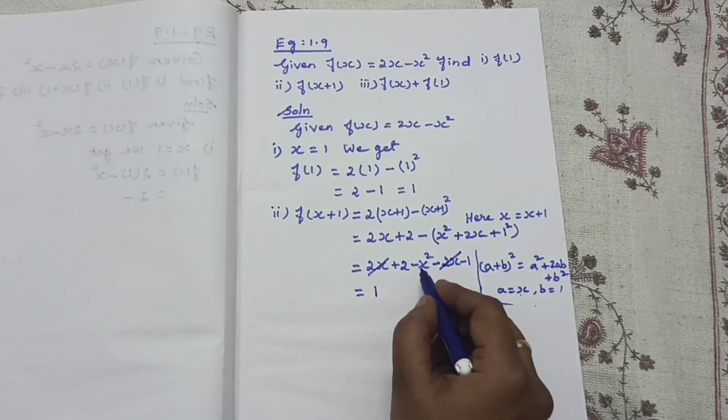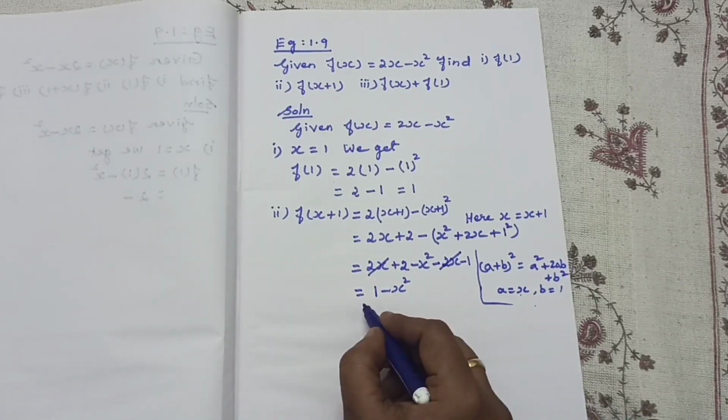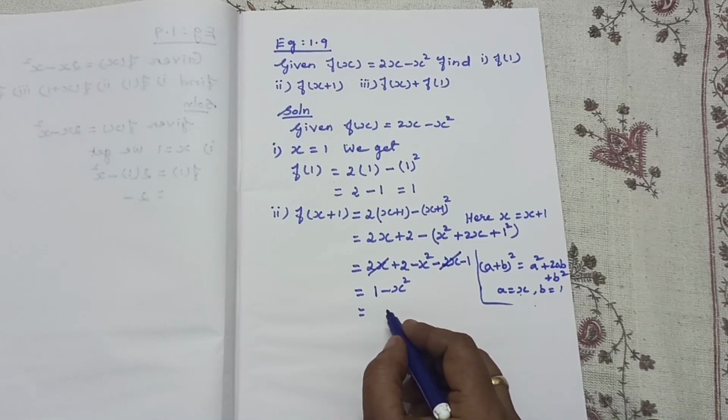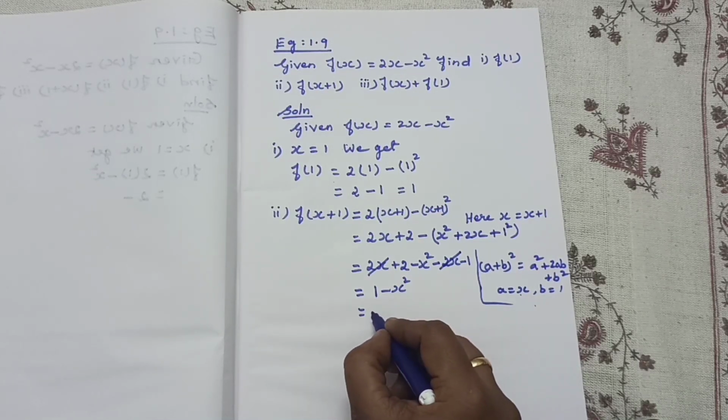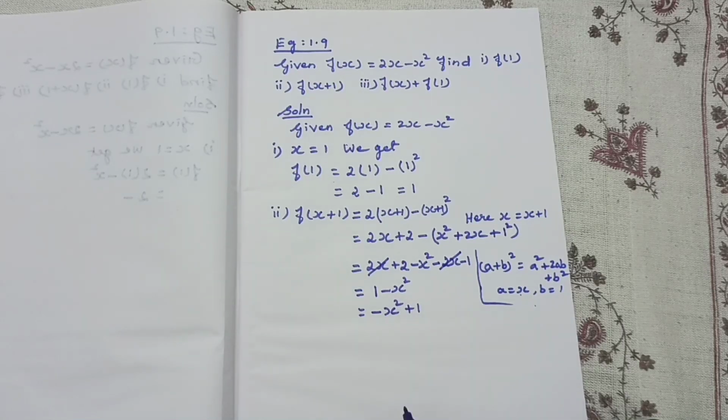Isn't it? Then minus this x square. Arrange the order wise. Then minus x square plus 1. Order wise we have to write, means this minus x square first we have to write, then afterwards constant term. Any doubt?